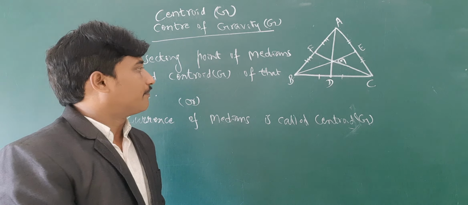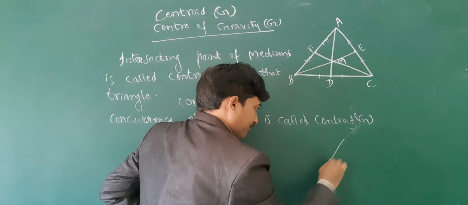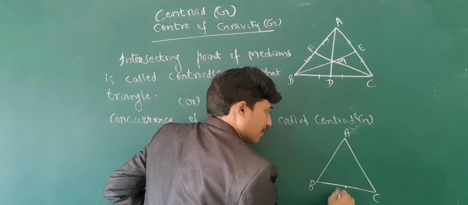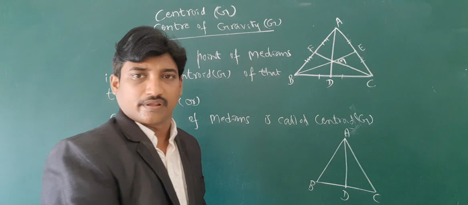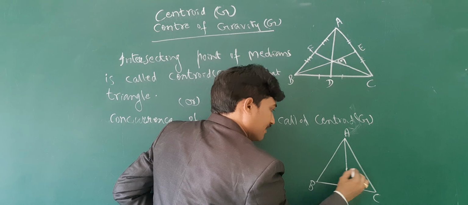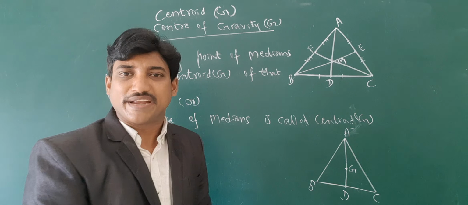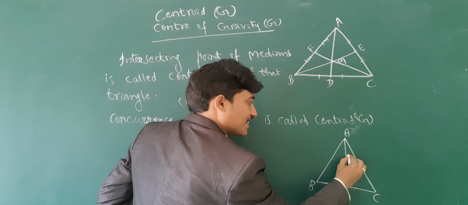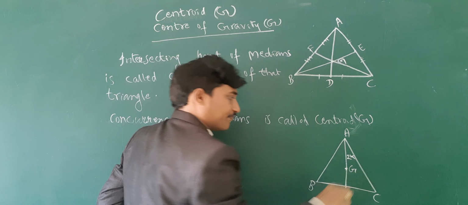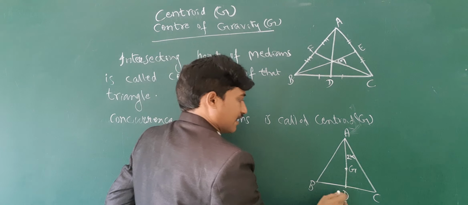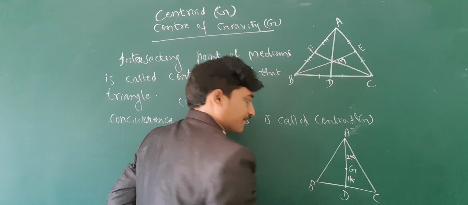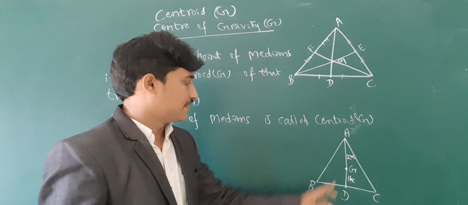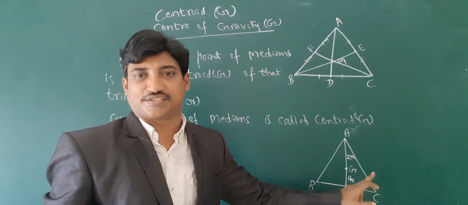We can observe the centroid G lies on the median AD, and the centroid divides that median in the ratio 2:1. That means if AG is 2x units, then GD is 1x units.